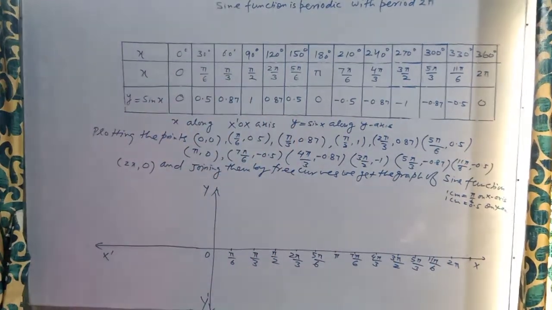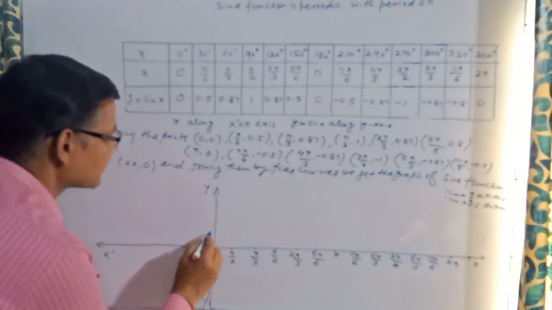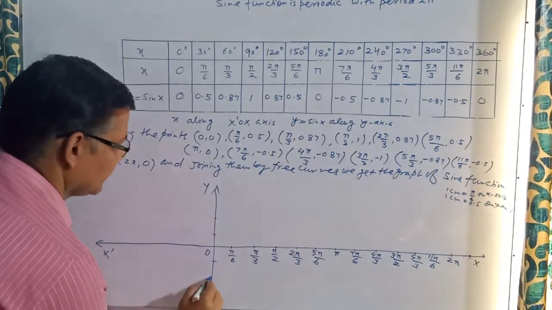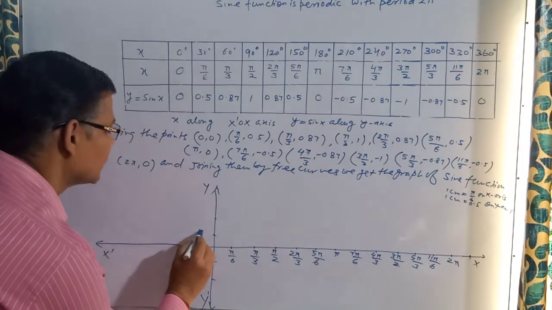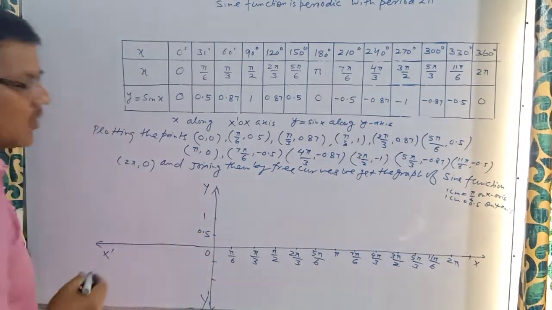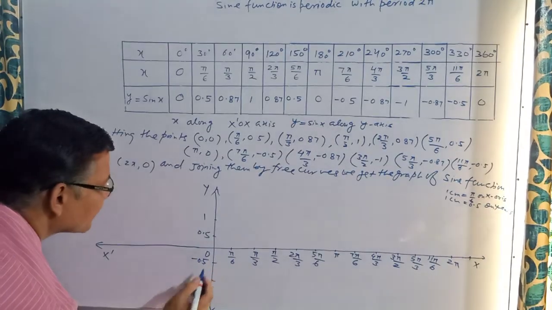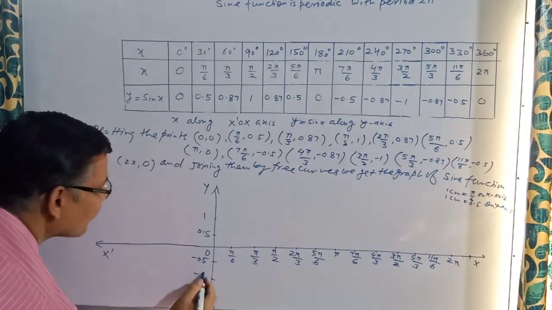Actually we check the angles. On y-axis, 1 centimeter represents 0.5, and the next represents 1. Lower part, it represents minus 0.5 and minus 1.